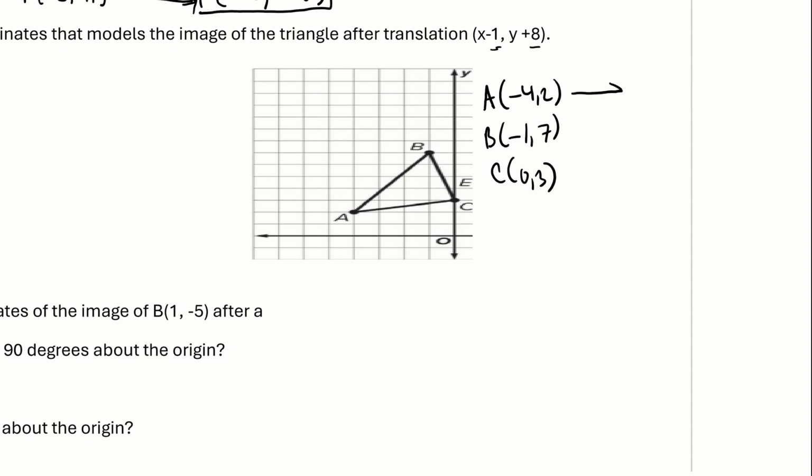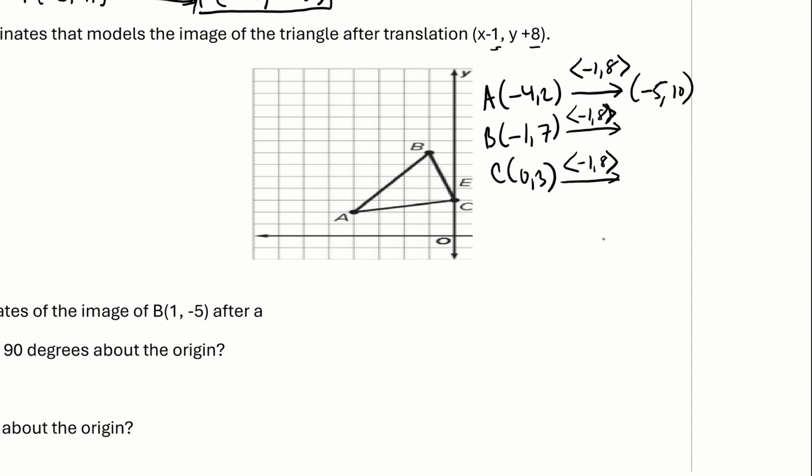And so all you got to do is, again, the translation, x minus 1 and y plus 8. So really you're taking away 1 and you're adding 8. Okay, so -4 minus 1 is -5. And then 2 plus 8 is 10.